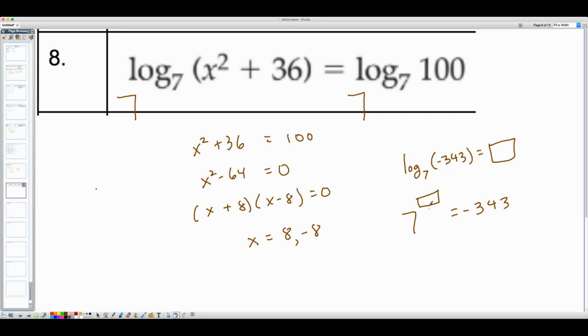Why can't you have a negative number? Any positive number raised to a power will never be a negative number. Any positive number, if you raise it to a negative number, it'll be a fraction. It won't be a negative number here. So this is impossible. This is undefined. That's why you can't have a log of a negative number.